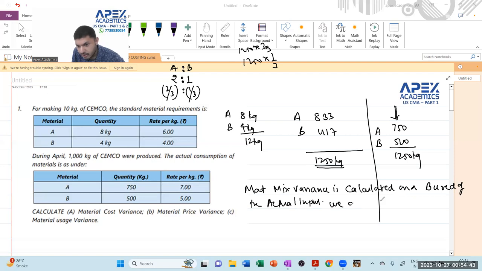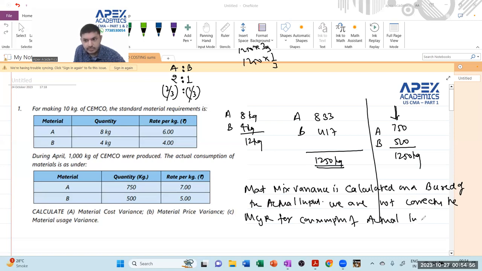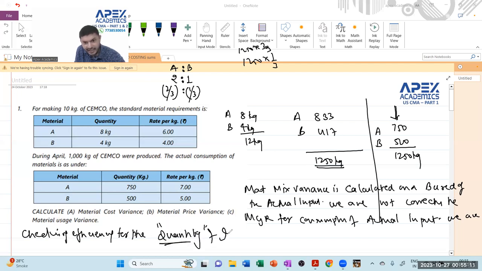We are not correcting the manager for consumption of actual input. We are checking efficiency for the quantity of, this is a very important word, quantity of inputs in the actual total input.